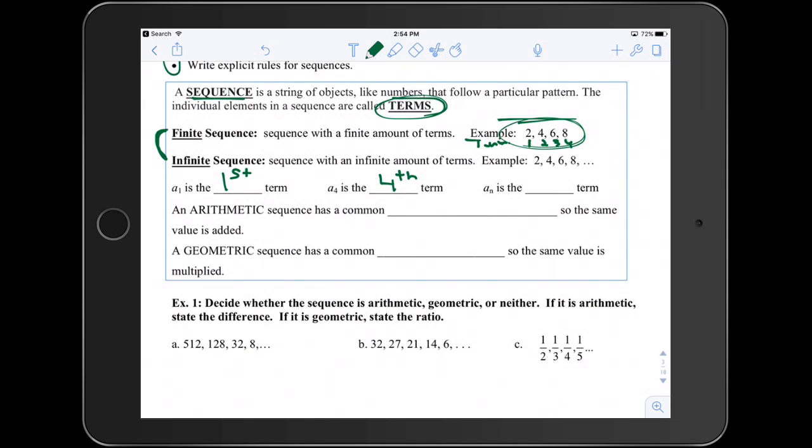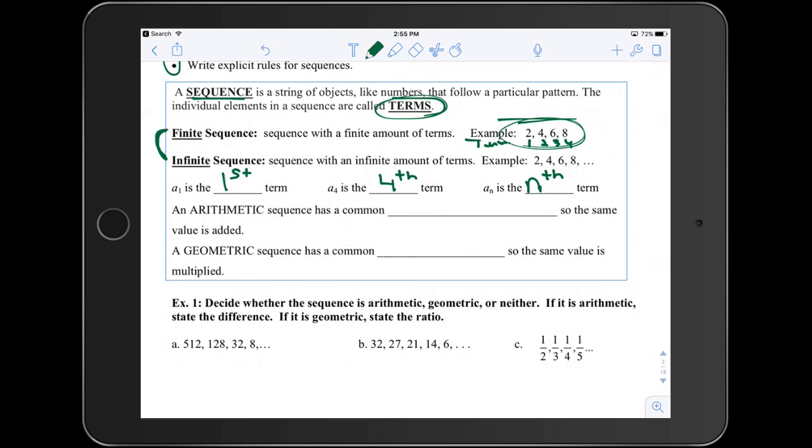If I asked you what is the value of the first term, you would say the value is 2. A sub n is literally the nth term. So it's going to distinguish wherever in the sequence we're talking about. So if you hear nth, that is really specifying, or eventually going to specify, a specific location. Right now it feels very general, so just bear with me.